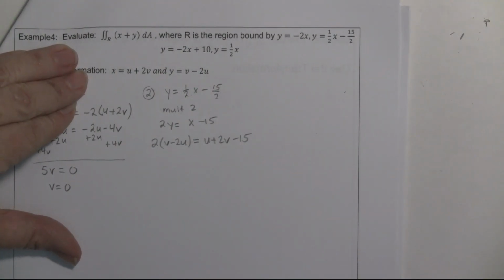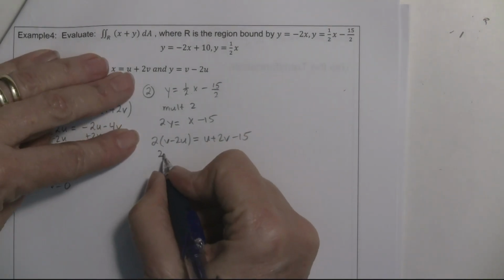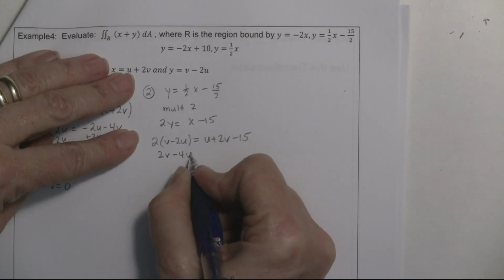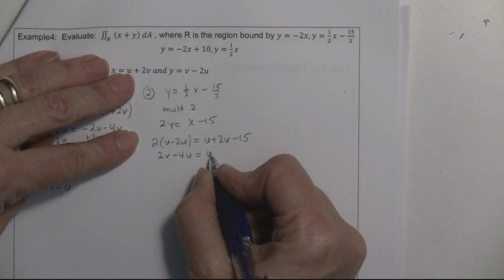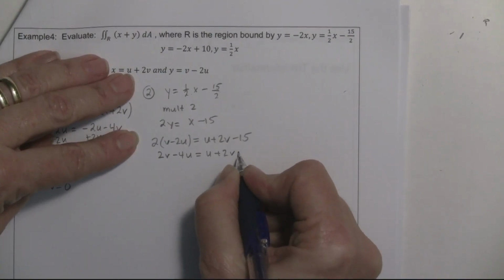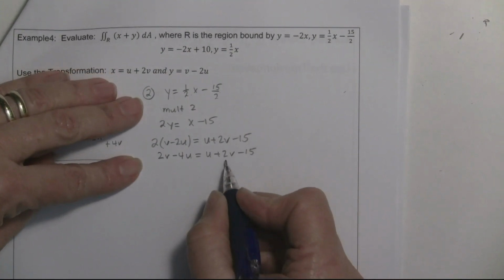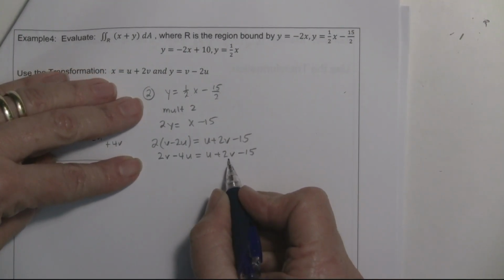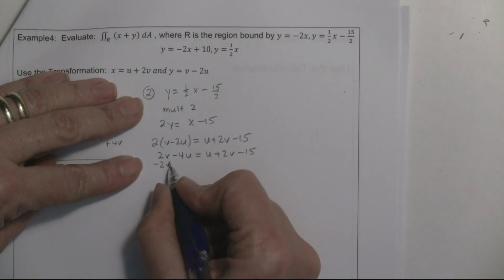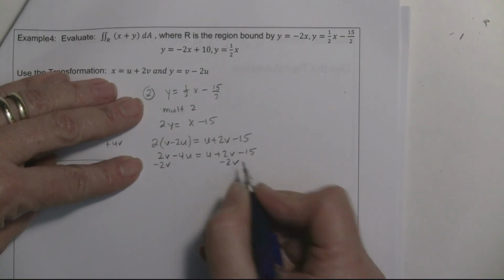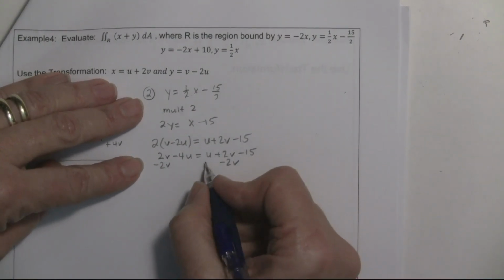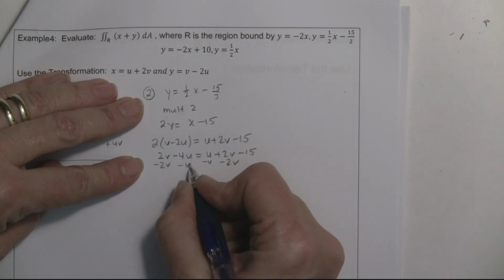So when I make that look a little bit nicer, are you making yours look nicer? I noticed that I got balancing 2v's, negative 2v on both sides. I also want to get the u's on one side, so subtracting u to the other side.